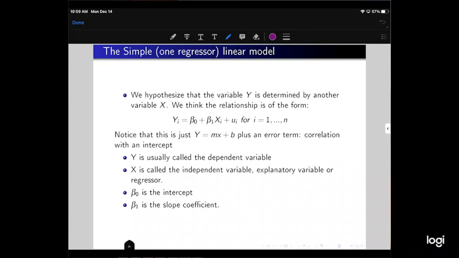So beta 0 is just the b in the equation for a line, and beta 1 is just the m, the slope. If we took out beta 0, it would just be correlation. Y is usually called the dependent variable. X is called the independent variable, the explanatory variable, or the regressor. And beta 0, again, is the intercept, and beta 1 is the slope coefficient.